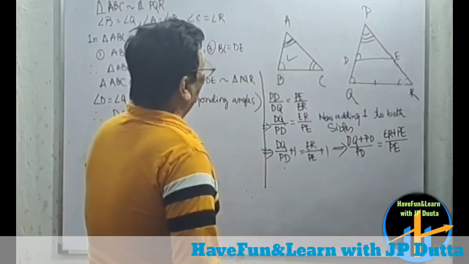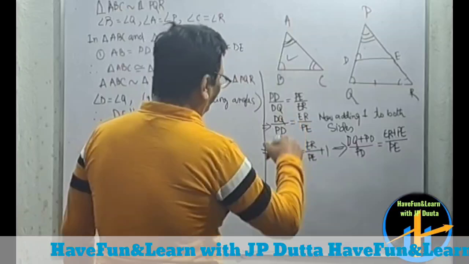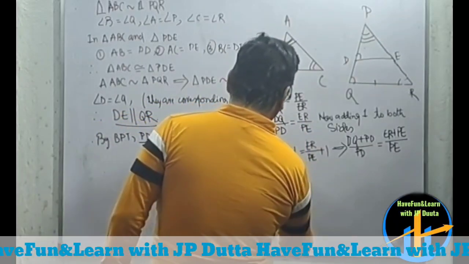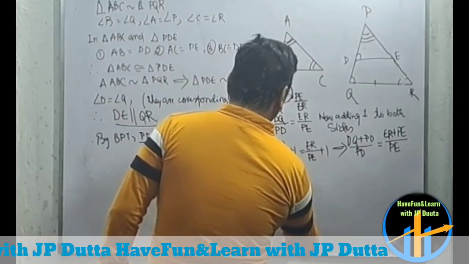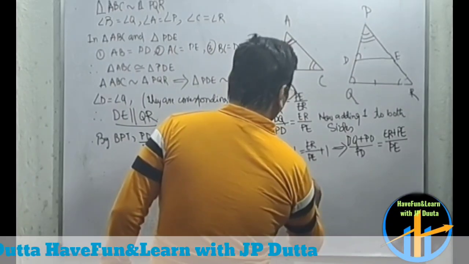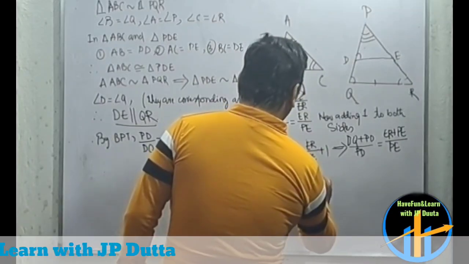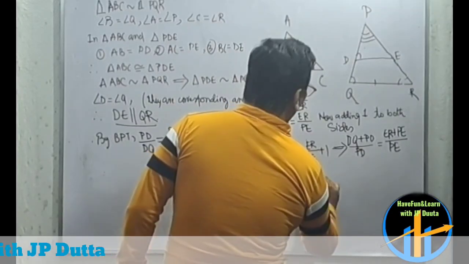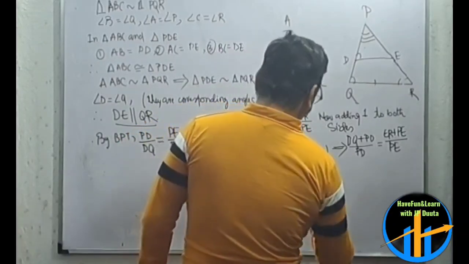Now see, DQ plus PD is nothing but PQ. So you can write, implies PQ by PD is equal to PR by PE.